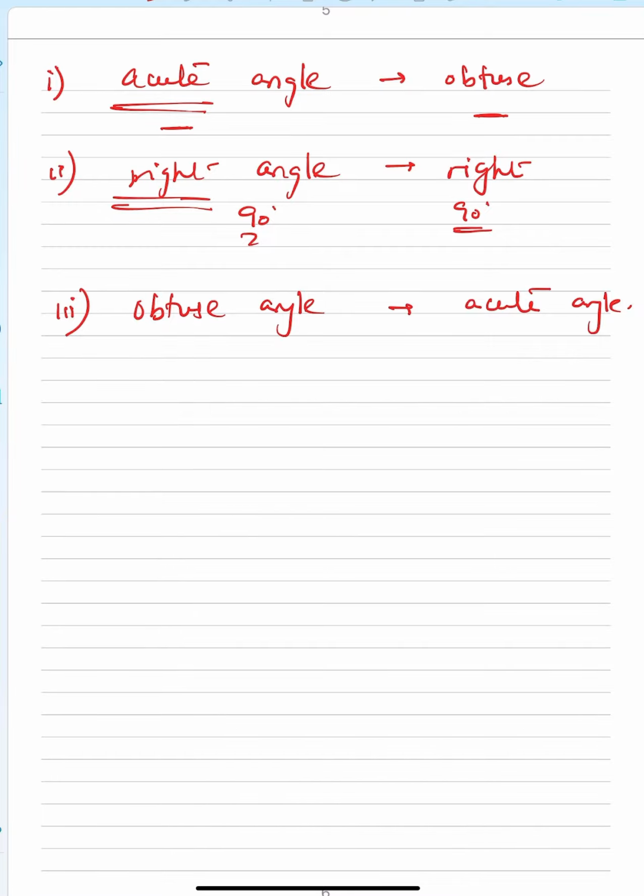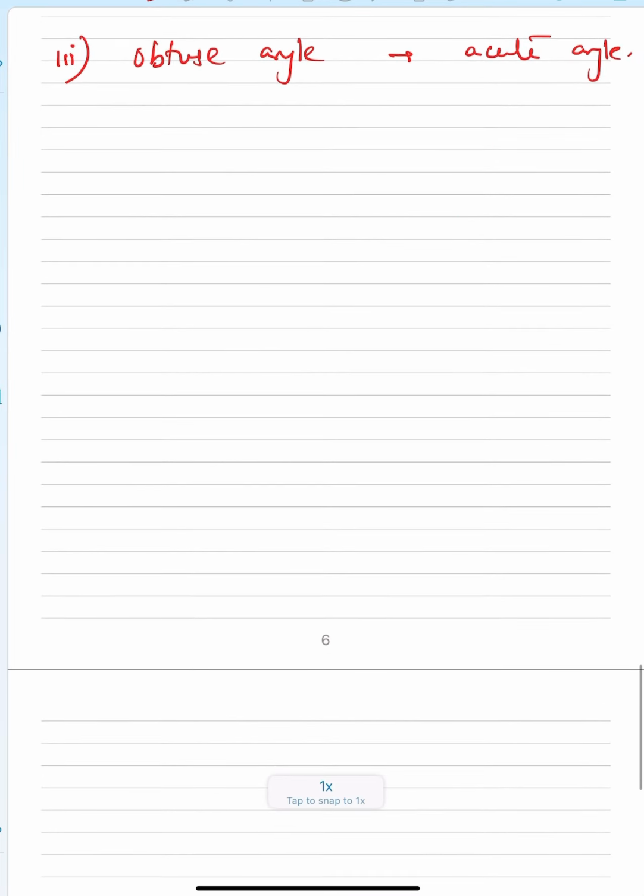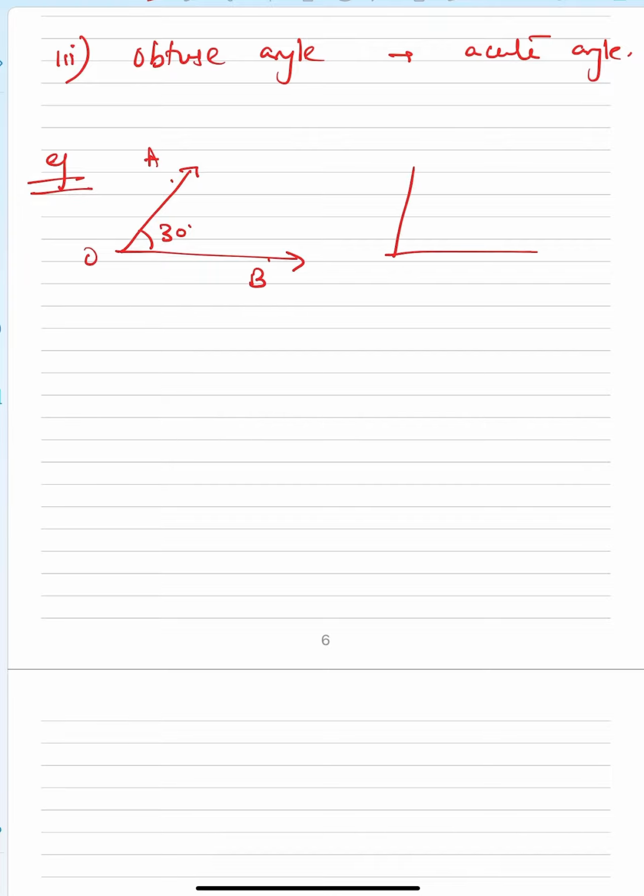Now one more example we can take. Suppose a measure is given. Suppose an angle is given like this with a measure of 30 degrees. Let me say AOB, and the other one is like this, say DEF, and this is 70.